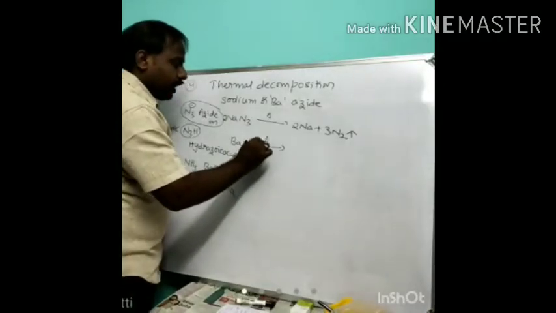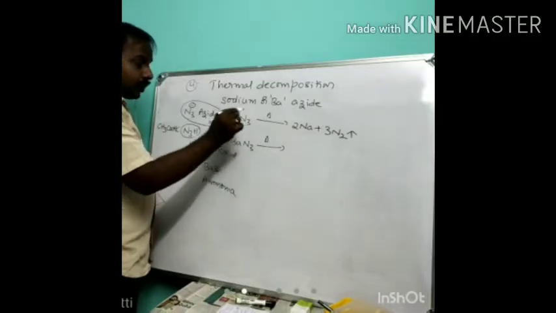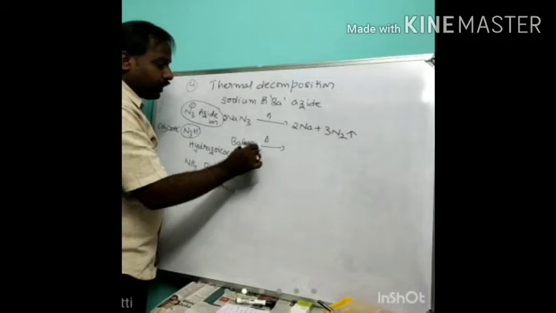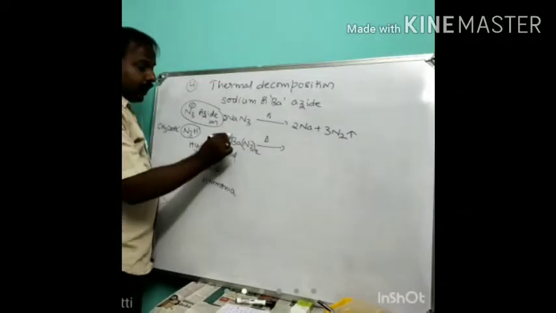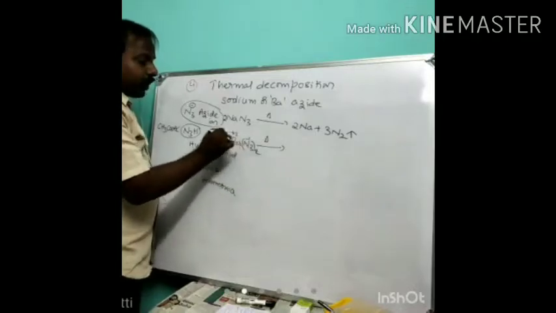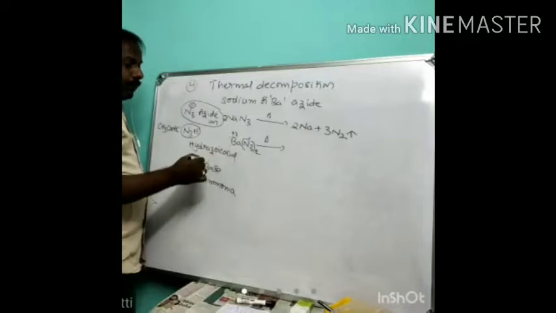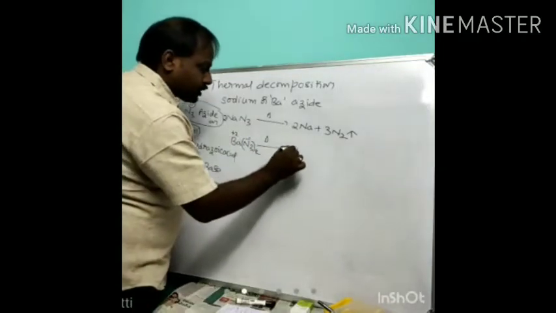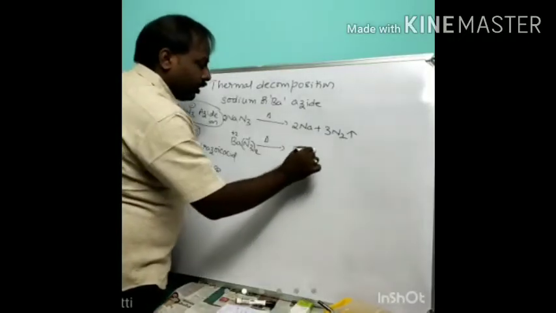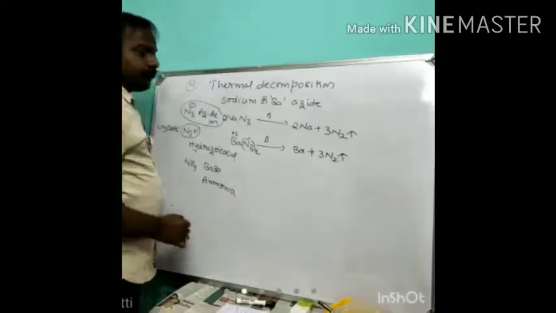Similarly, take barium azide, Ba(N3)2, because barium is plus 2 and N3 is minus 1, taken twice, so the charge is balanced. When it is heated, we get barium, and 3 moles of nitrogen gas are liberated.